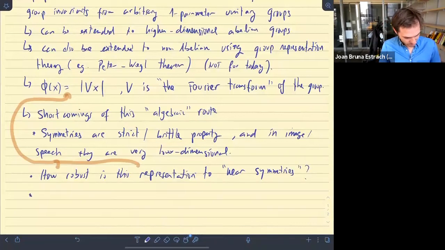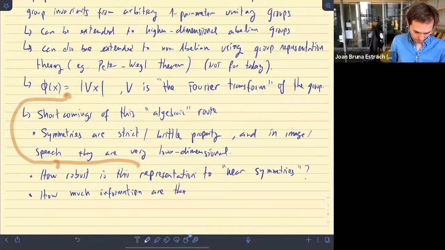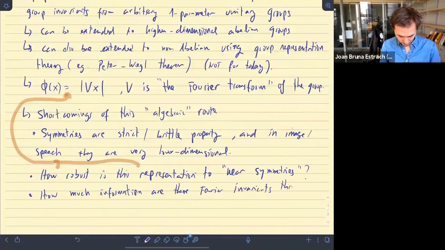The other thing we don't know is how much information these Fourier invariants are throwing away.